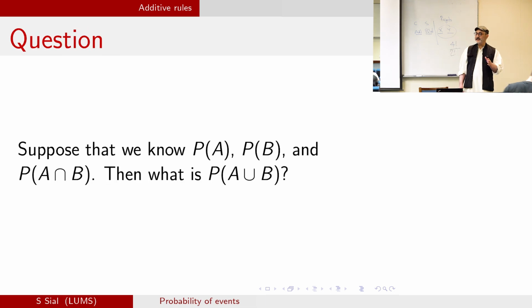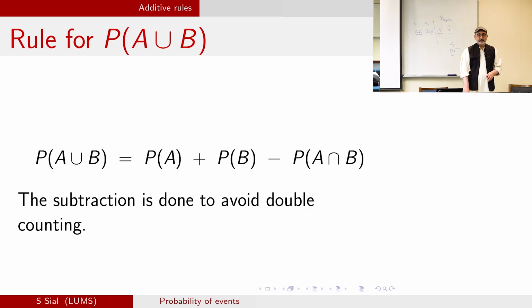Okay, so supposing that you knew the probability of A, and you knew the probability of B, and you had some way of calculating the probability of the intersection. Right? Let's just suppose you know that. I want to relate the probability of A union B to all of those other probabilities. The rule is that if you want the probability of a union, A union B, that's the probability of A plus the probability of B minus the probability of the intersection.